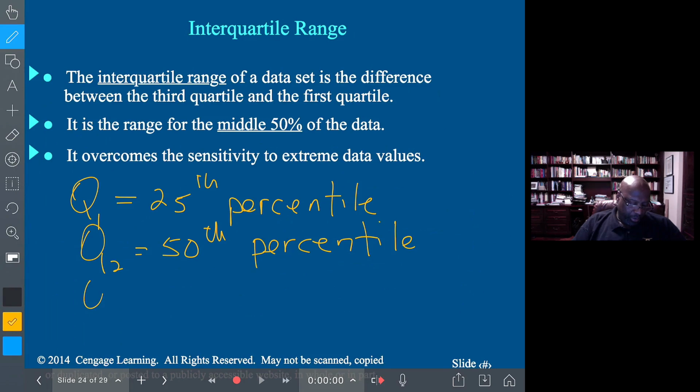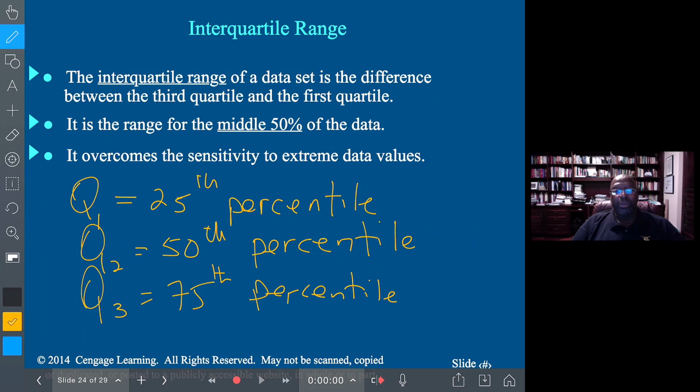And Q3 is the 75th percentile. Once we have those, we can get the interquartile range. It is the middle 50% of the data.